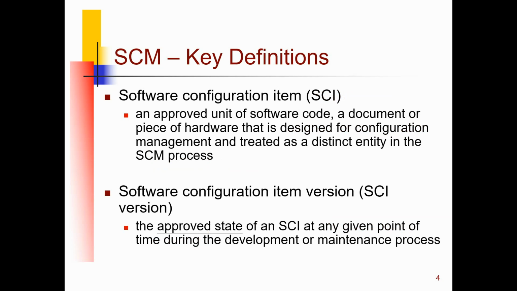Then let's see some key definitions in SCM. The most fundamental one is called the software configuration item. The definition is an approved unit of software code, document, or piece of hardware that's designed for configuration management and treated as a distinct entity in the SCM process.